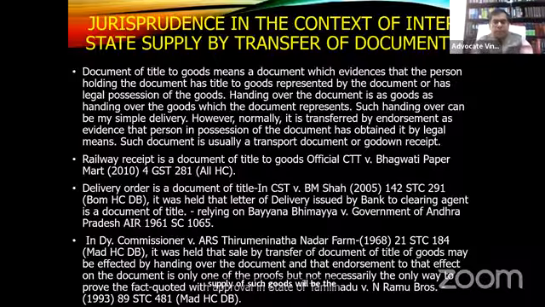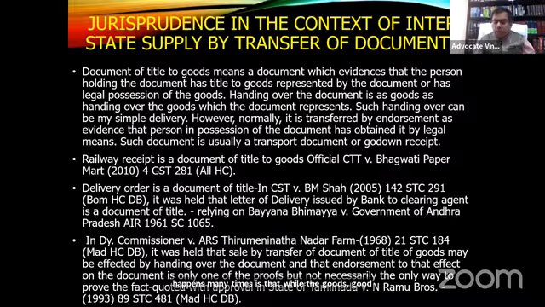What happens many a times is that while the goods are in movement, suppose A purchases goods from B, and the goods are in the course of movement. In the meanwhile, B gets an order from C, and he feels that it would be futile if the goods are brought to his place of business.